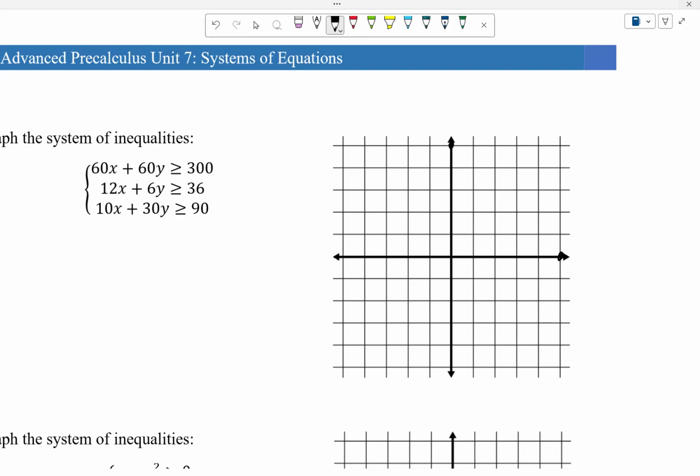I should draw this solid line, shouldn't I? And I should analyze which side we're graphing. 0 is not greater than 300, so I'll put a little line here to indicate which side it's on. So the other one, x-intercept is 3, and the y-intercept is going off the grid.